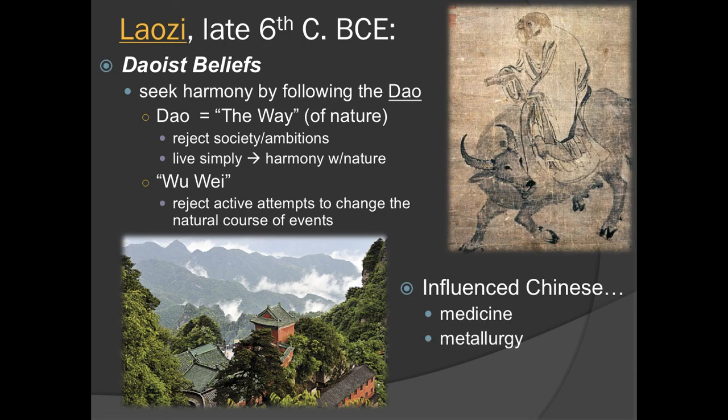Working with metals, metallurgy, that came about was trying to understand the principles of nature, at least in China. So what in the West are called alchemists. Here in China, metallurgists were oftentimes Taoists, looking for that balance or the yin-yang of nature, or with nature, between nature and humanity. Poetry and architecture, paintings, especially those of landscapes. There was a search for balance with nature again, and all these things.